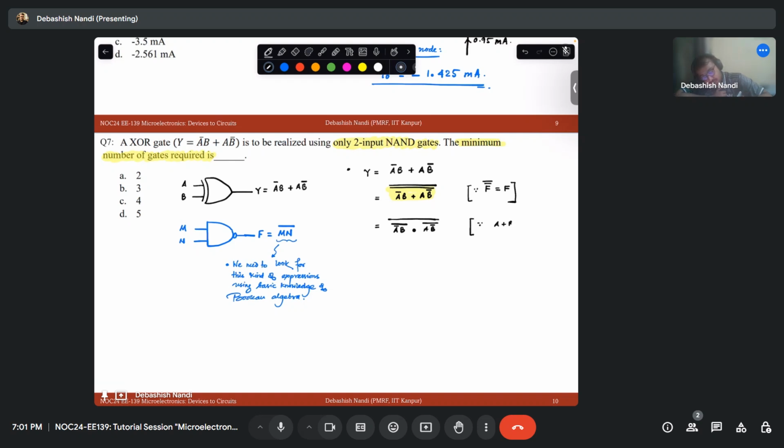A plus B bar is equal to A bar dot B bar. Okay. Now what we'll do? We will again use De Morgan's law, and let me just write the other form.